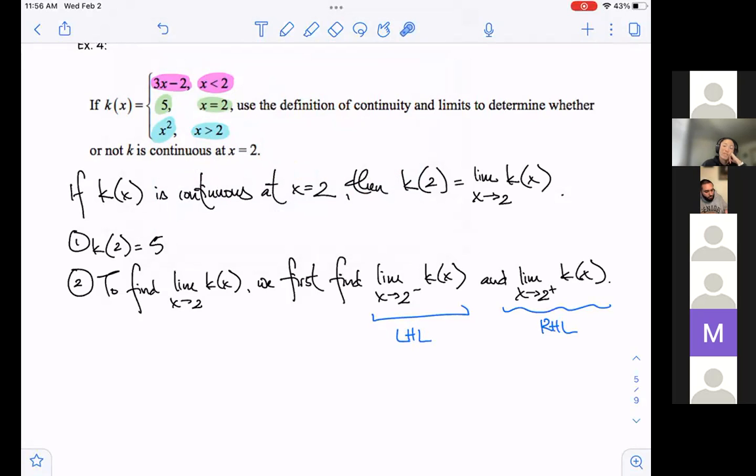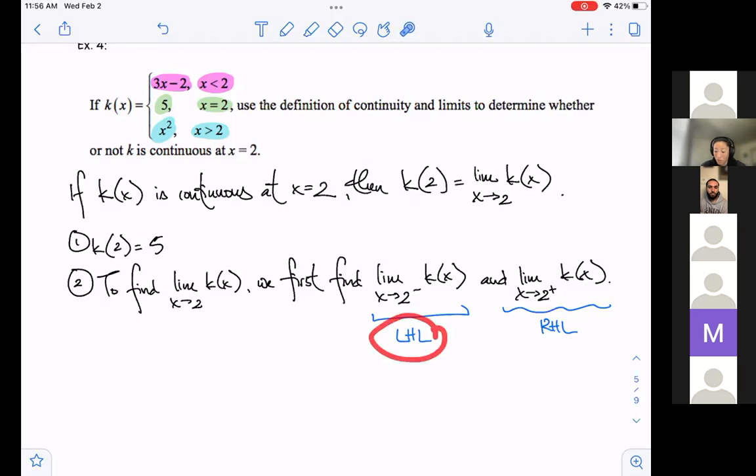So if you were to trace on the graph, I know there's no picture, but if you were to trace on the graph and find out what the y value is getting to when x gets close to 2, but you're coming from the left, which of these pieces would you use to help you find that? Why pink? How do we know that? Yeah, right?